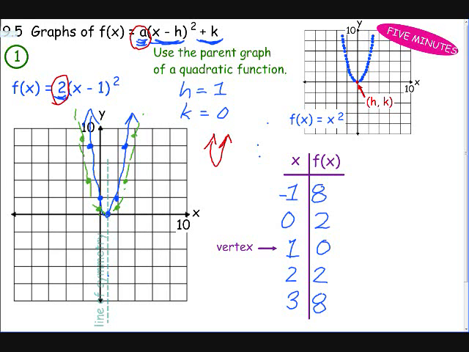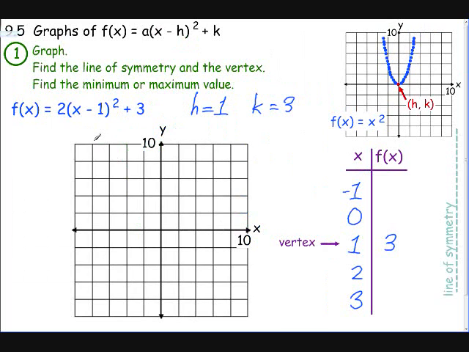Now we're looking at almost the same thing. What is the only difference? Right here. This has been shifted upward. My parent graph would look like this, and my new one is shifted up. It's shifted right one, and it's going to be steeper. There's a lot to think about here.